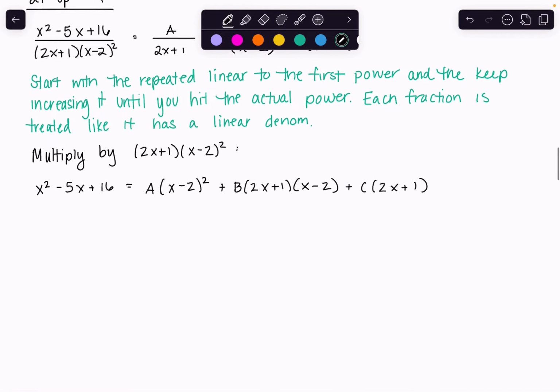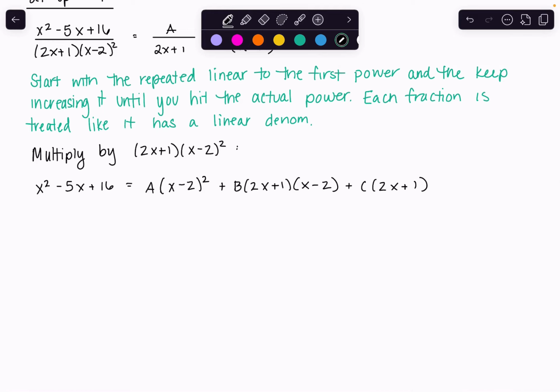So again, I want to pick numbers that I'm able to easily see what they are. The first number that's pretty clear to me is plugging in 2, because those will both disappear. So if I plug in 2, that would give me 4 minus 10 plus 16.